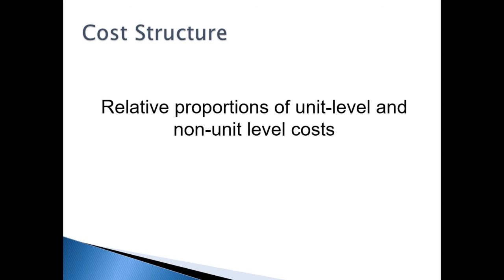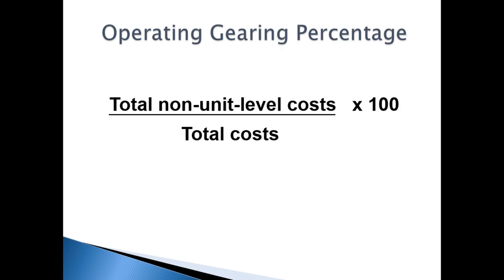The higher the proportion of unit level costs, the less risky the business is. The amount of risk can be measured as the operating gearing percentage using the calculation you can see here. The bigger the number, the higher the risk.